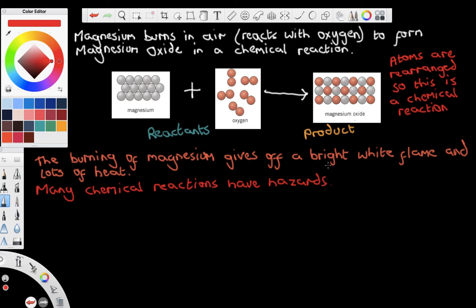Now, a hazard is something that we spoke about in year 7, but it's worth revisiting now, particularly before you start your GCSEs and start having to worry about the required practicals. A hazard, H-A-Z-A-R-D, is defined as a possible source of danger.